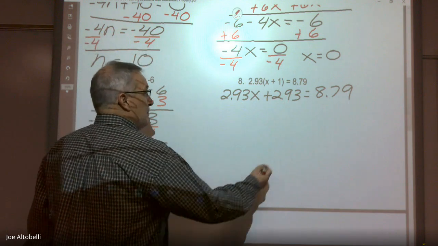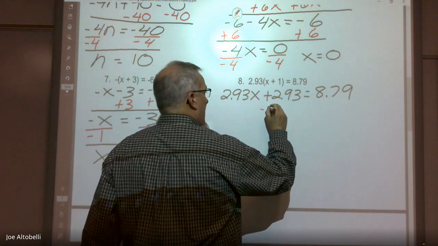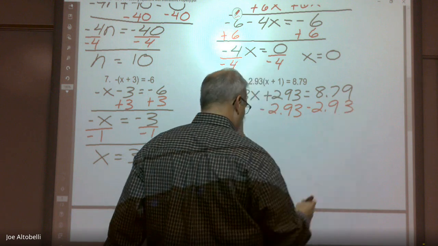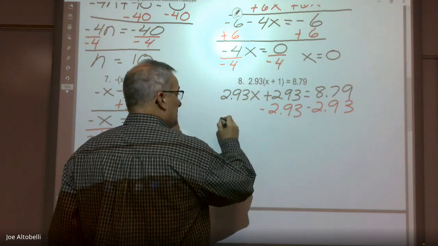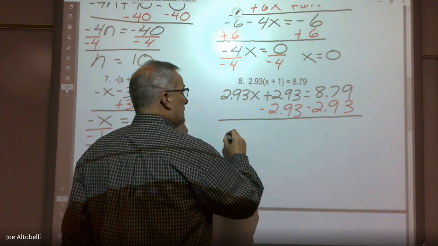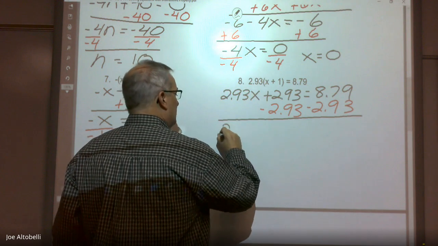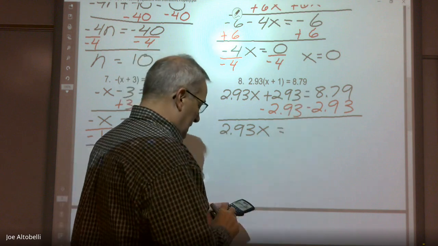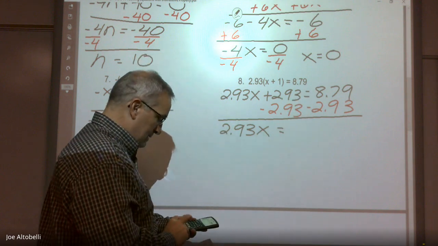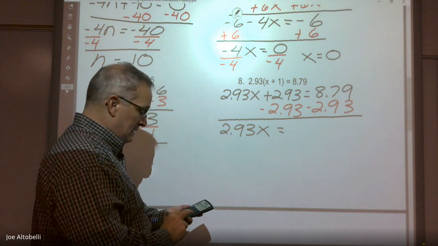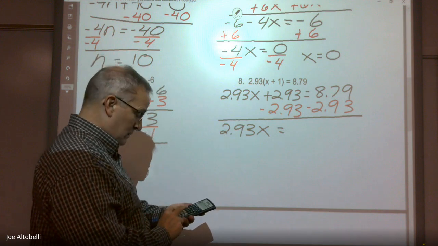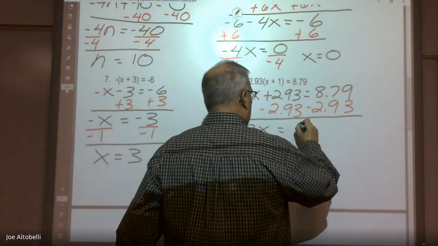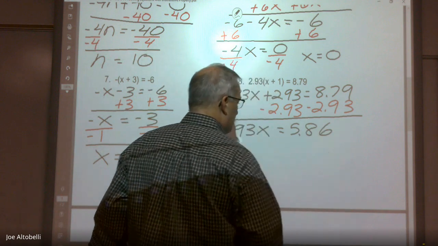My next step, the two-step, I got to subtract the 2.93, subtract the 2.93. And I have 2.93x is equal to, and then the 8.79 minus 2.93 is equal to 5.86.